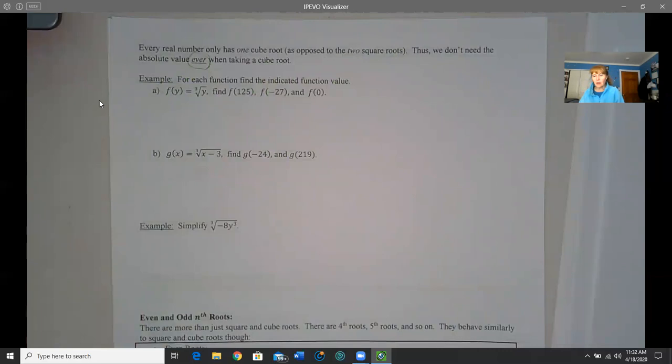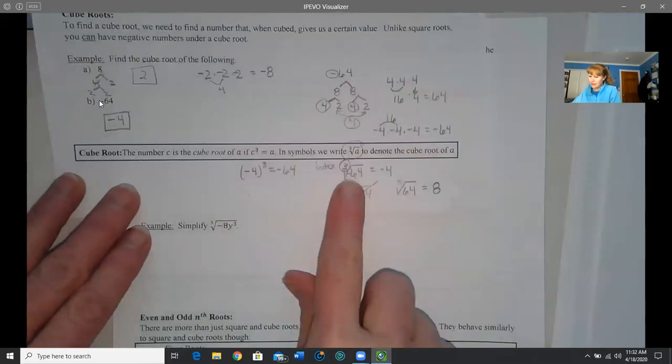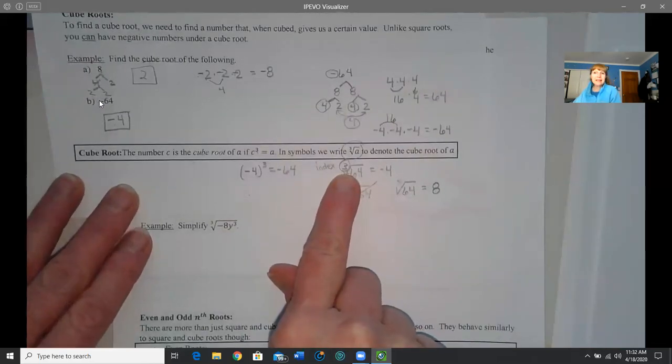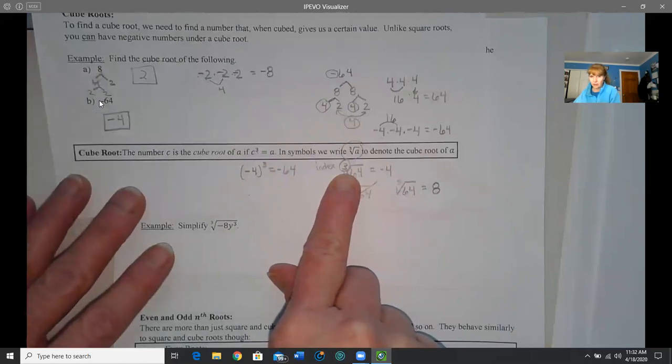And actually, I'll go ahead and put this plug in. Whenever your index is even, this right here, whenever this index is even, you have absolute values, unless they limit the domain in the question.